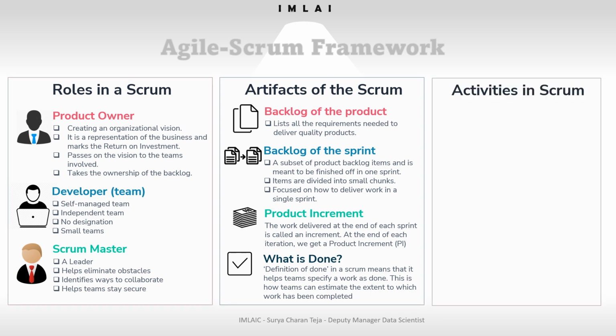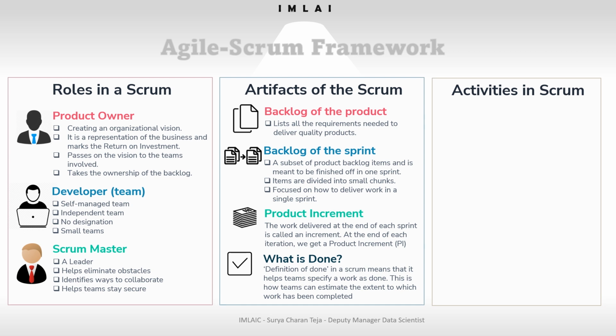Activities in Scrum. Scrum activities are performed in iterations and allow time for preparation as well as putting all the learnings into use. Scrum activities include product backlog refinement, sprint planning, daily scrum, sprint review, and sprint retrospective.